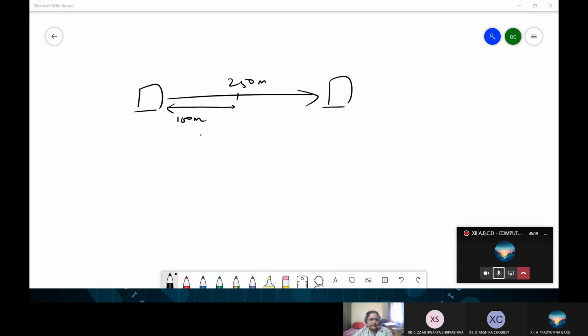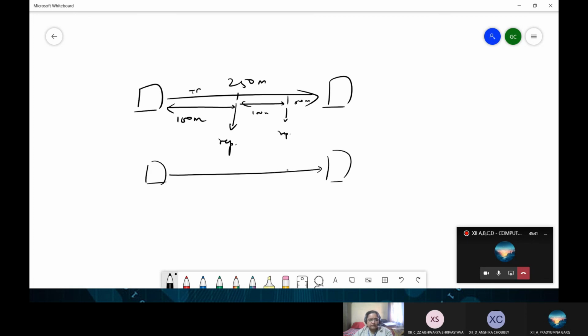So after 100 meters you can install a twisted pair cable, then again you have to install a repeater here. Again for the next 100 meters, you have to install a repeater, and then 50 meters. So instead of doing this, in between you can just extend this cable such that for 185 meters you run a coaxial cable and install one repeater over here, and the rest of the distance.